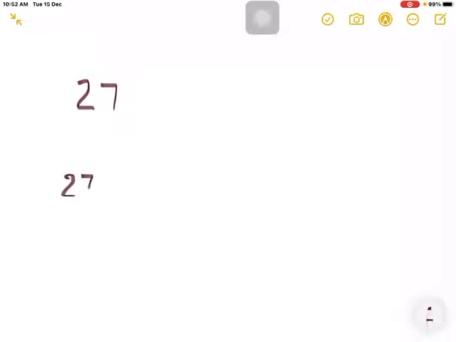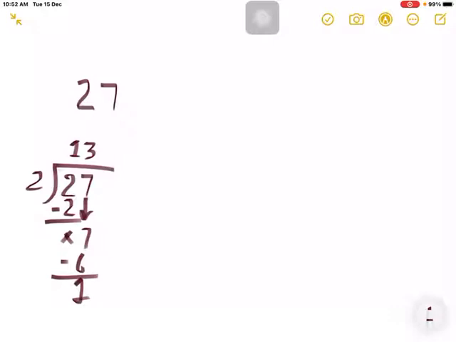That is why 27, the last digit is 7, so it is not divisible by 2. Like 2 1s are 2, bring down 7, 2 3s are 6. See, we got remainder 1, that means it is not divisible by 2. So 2 is not a factor.